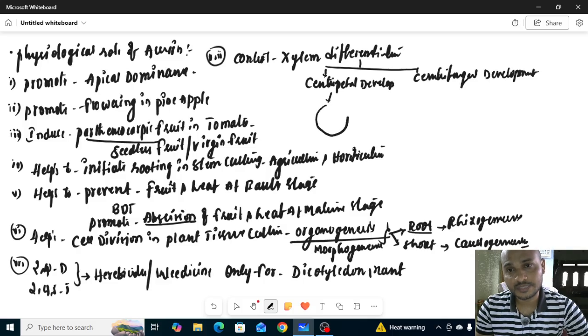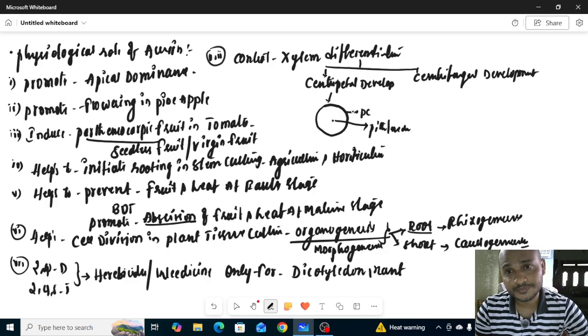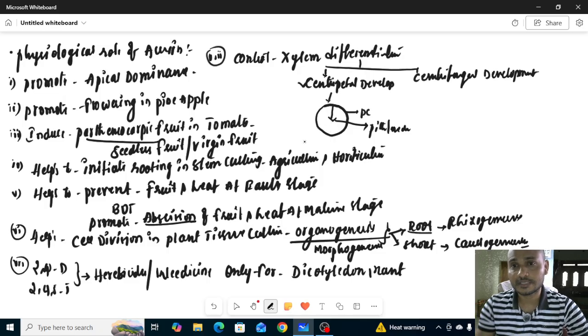For example, here we have a stele. The center part of the stele is called pith or medulla, and the outermost of the stele is called pericycle. If xylem formation occurs from the periphery, from pericycle towards pith, such type of development is called centripetal development.